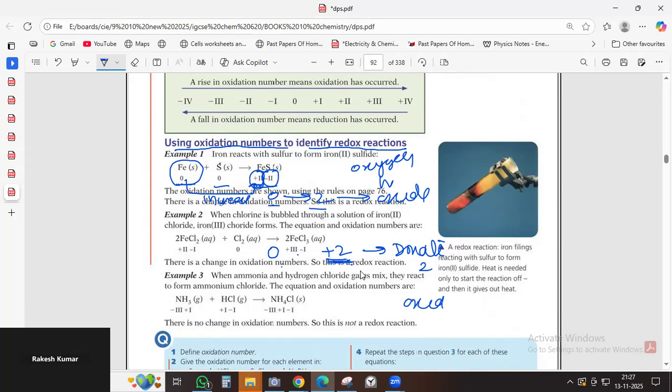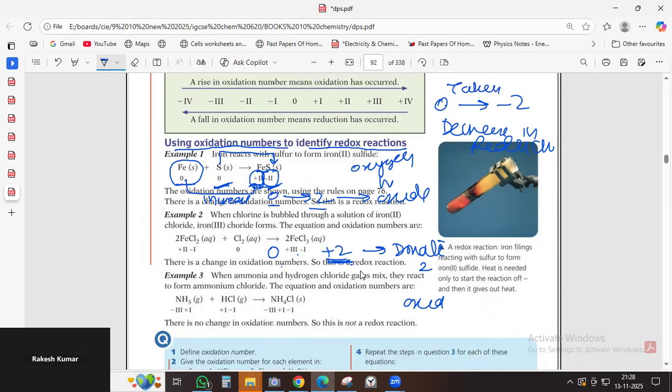And sulfur, 0 to -2. So it converts from 0 to -2. That means it has increased its negative charge. That means it has decreased the oxidation number. So a decrease in oxidation number is reduction. And also in terms of charge, it has taken 2 electrons.